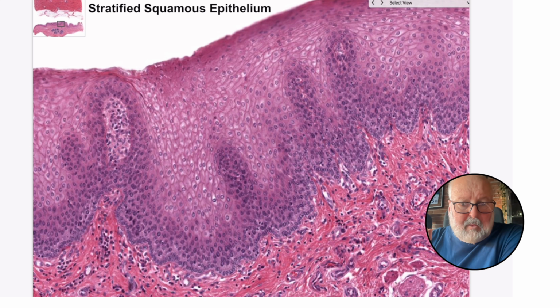Now remember what our rule is. These look a bit more cuboidal at the basilar surface. We want to look at the apical surface. And at the apical surface, these are a squamous type. So we always name stratified epithelium based on the cell shape at the apical surface.